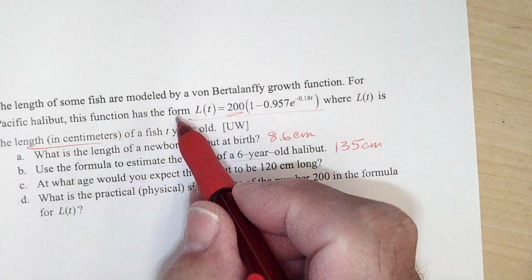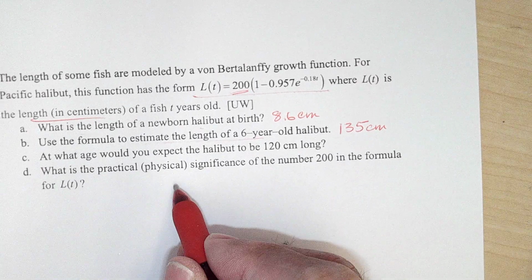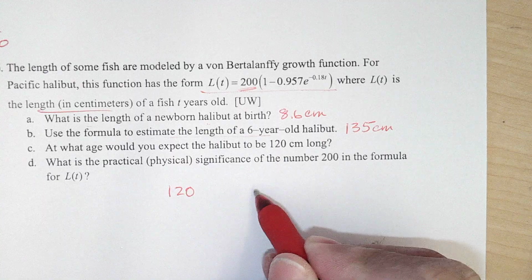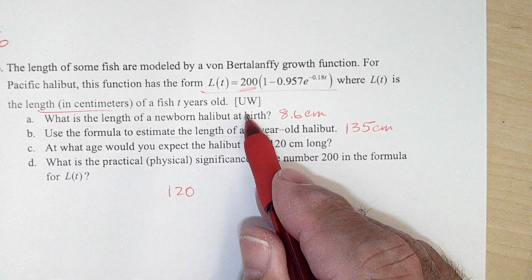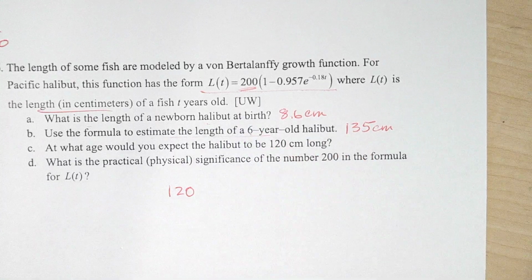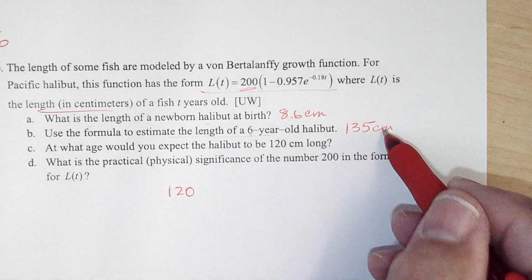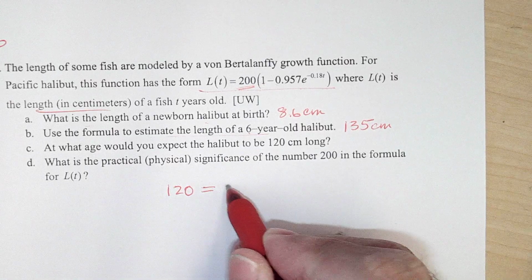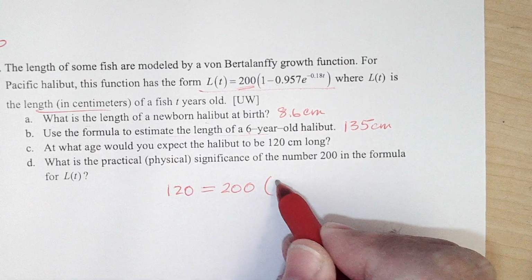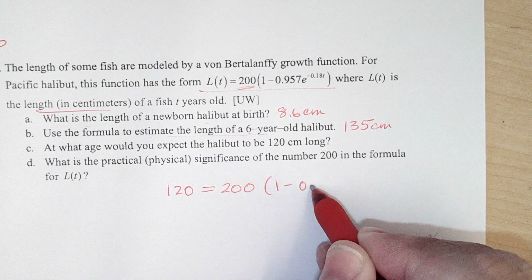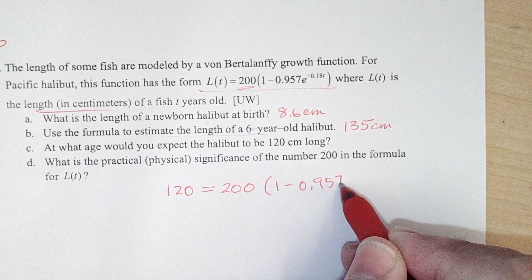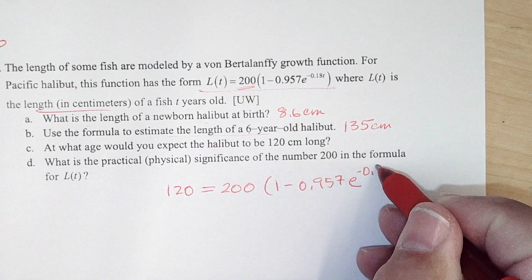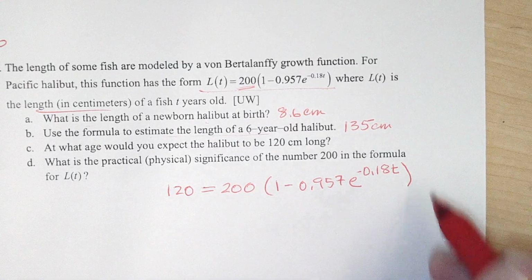So now we have to get this equal to 120. It should be somewhere between 0 and 6, probably about 5, since 120 is almost 135. But just thinking ahead, 200 times 1 minus 0.957 e to the negative 0.18 t.